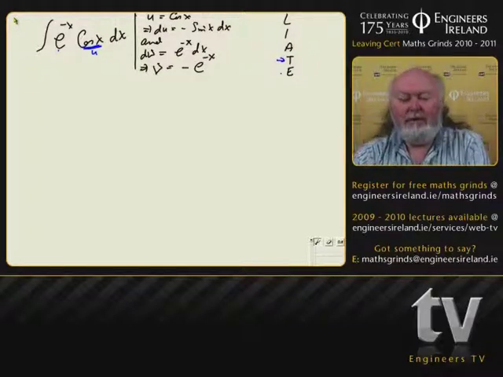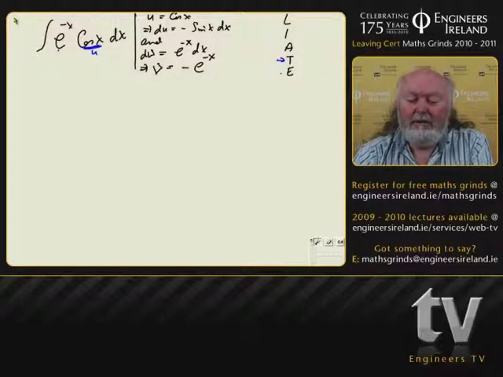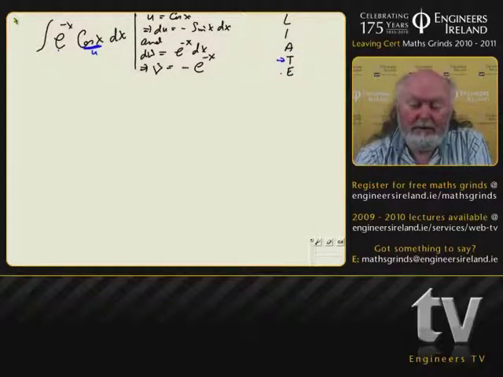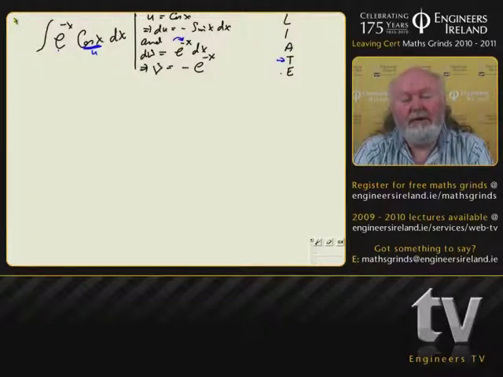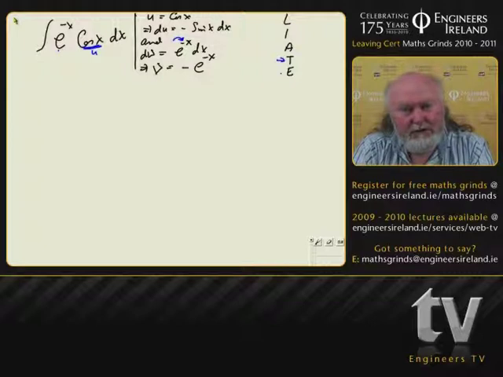Now I just want to remind you that that minus here is important. It's e to the minus x, which technically is e to the minus 1 times x. So if you look at your standard integrals in your logbooks, you will find integrating e to the x is treated separately to e to the ax.